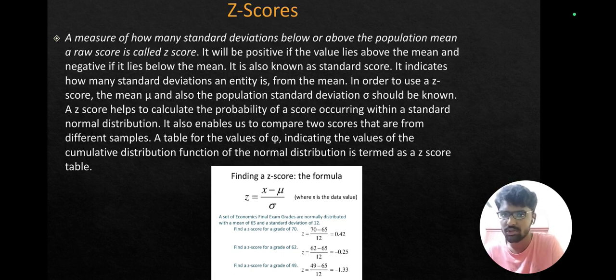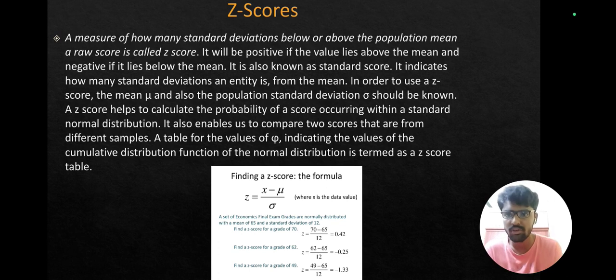In order to use a z-score, the mean mu and also the population standard deviation sigma should be known. A z-score helps to calculate the probability of a score occurring within a standard normal distribution. It also enables us to compare two scores that are from different samples.